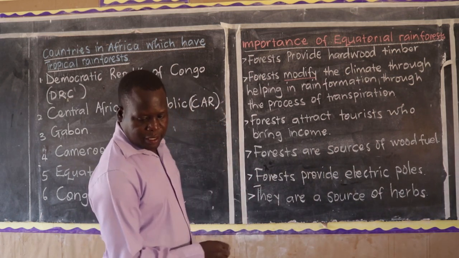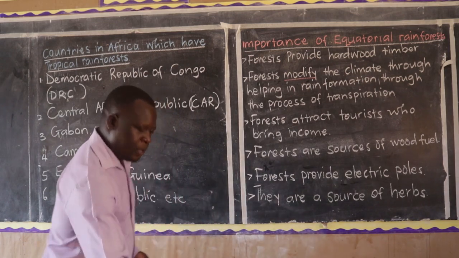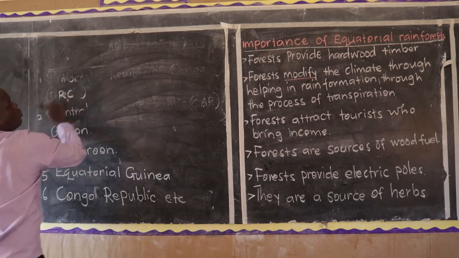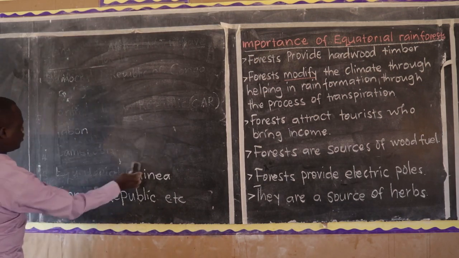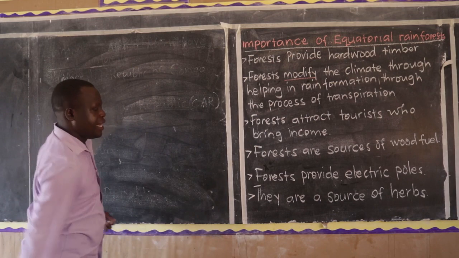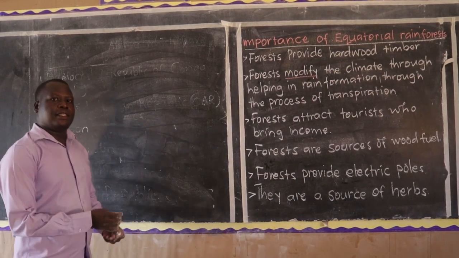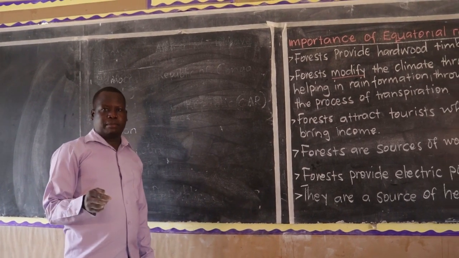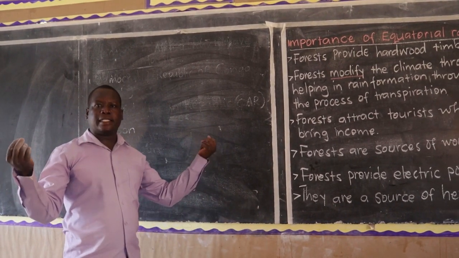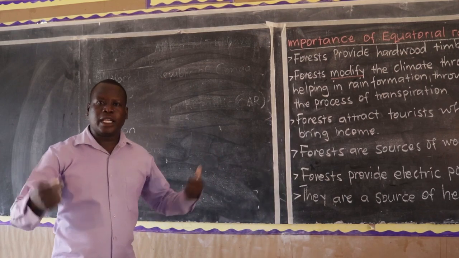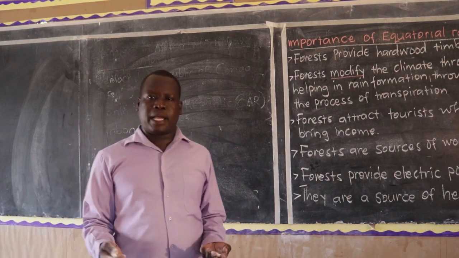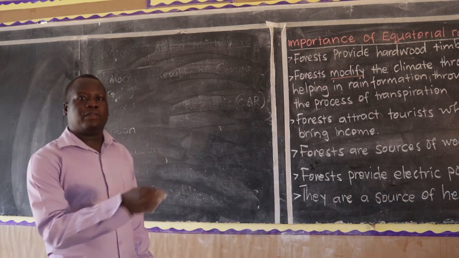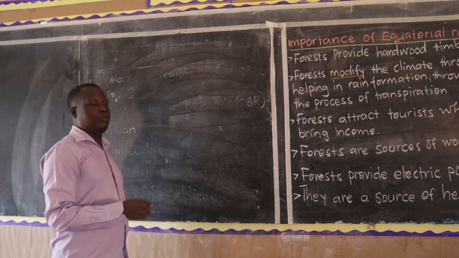We also say that to animals, these forests are good. To animals, not only to human beings. To animals, these forests also provide a natural habitat for them. For example, monkeys, we have the mountain gorillas, we have many other primates. They go and live there, apart from those that are taken mainly to the zoos.